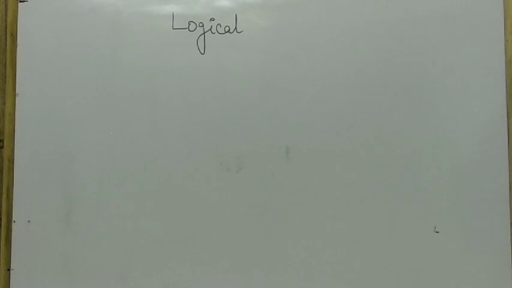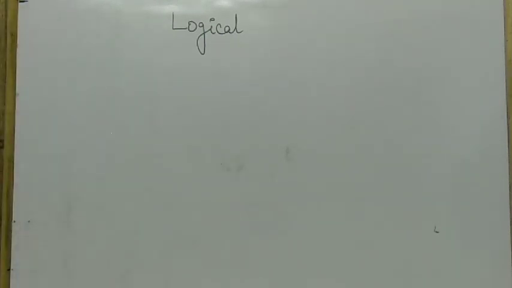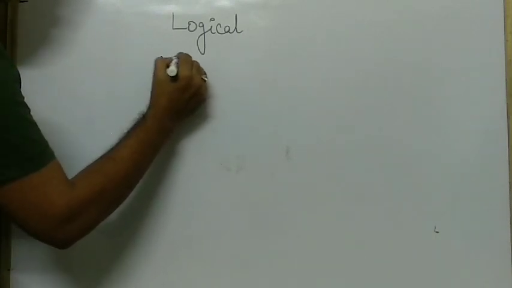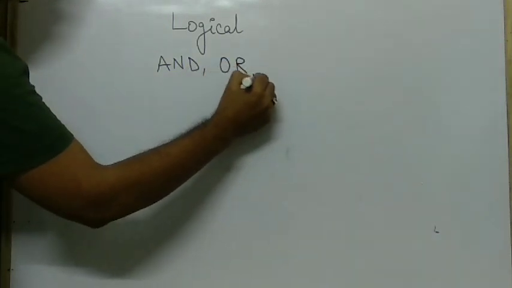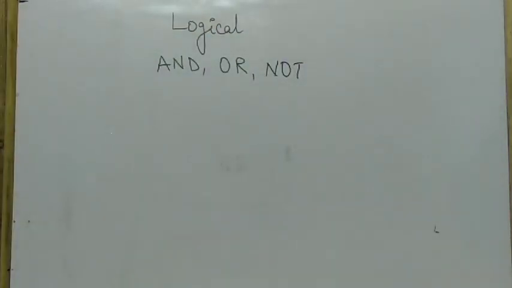It will take at least two conditions, you can say two values, and check the values according to the given condition. In this category there are three special operators, and these are called AND, OR, and NOT.